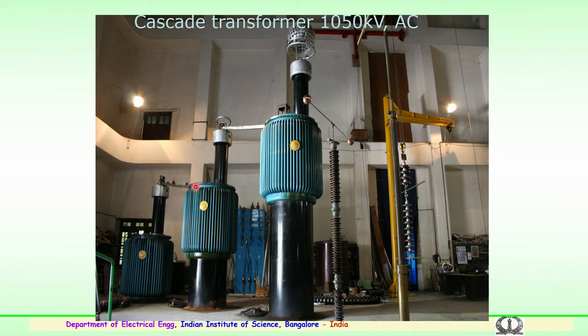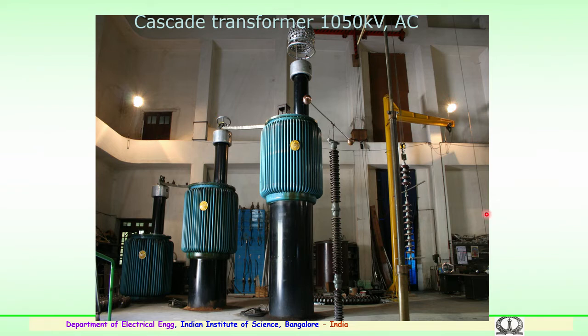So, for the 3 cascaded transformers we get a voltage of 1050 kV, each being 350 kV. Across this terminal we could get 700 kV, and across the third terminal we get 1050 kV. Similarly, there are laboratories across the globe where, depending upon the voltage requirement, a suitable cascading is carried out and the necessary output is obtained for the testing of various equipment.